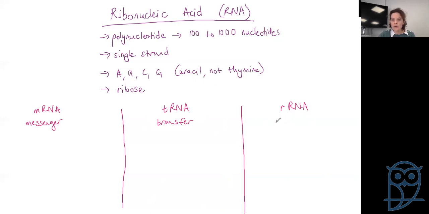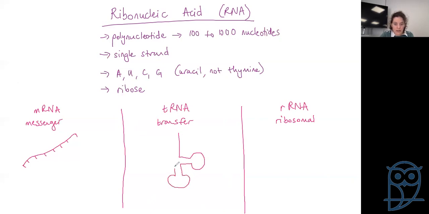And R for ribosomal. He's involved in the ribosome. So, our mRNA, we draw. He is so easy to draw because he's just a line with the bases represented. He's the one who takes the message from the DNA in the nucleus out into the cytoplasm. tRNA is a little bit more complicated.